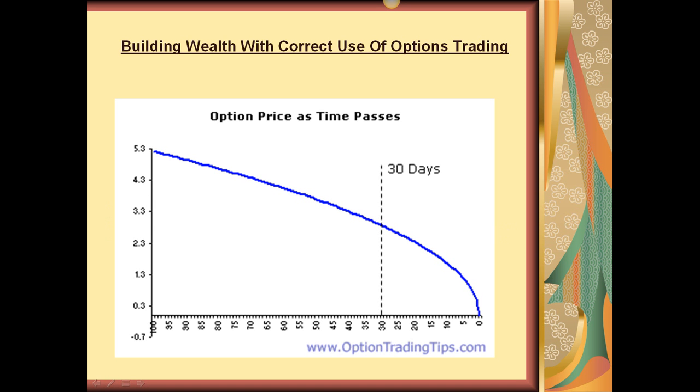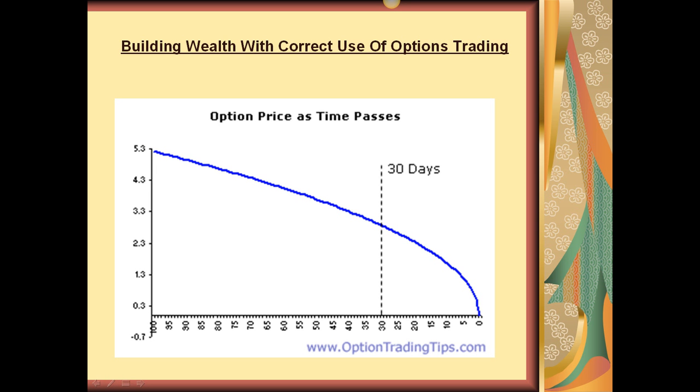This chart illustrates how the options would decay. For example, you see on the chart here, to the left of the scale, the unit price at 5.3, and you generally have a steady downward trend. This is, by the way, for options with a strike price at the money where the market is now. So if you buy a stock option at the money, this is the actual illustration of how the price would decay.